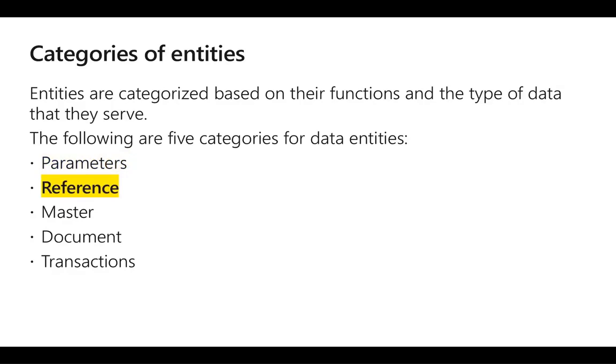Reference data entities include simple reference data of small quantity that is required to operate a business process, data that is specific to an industry or business process. Examples include units, dimensions, and tax codes.